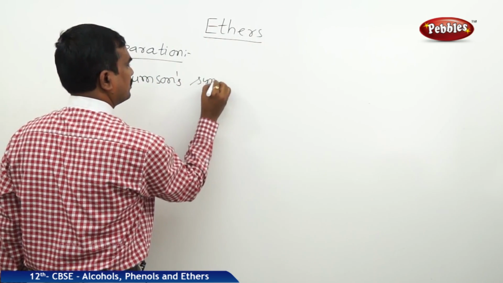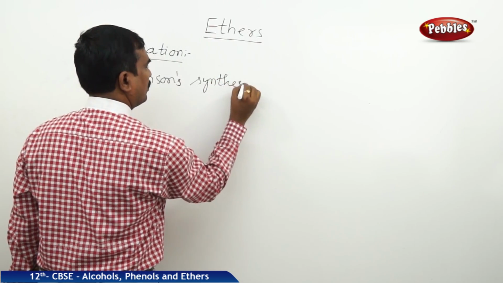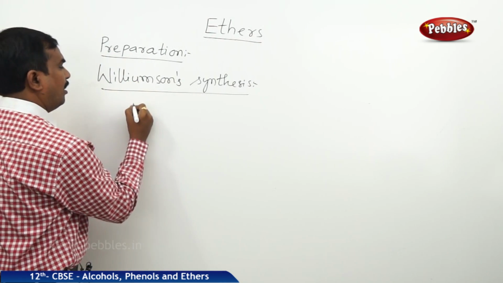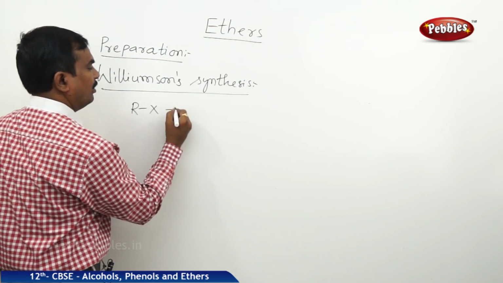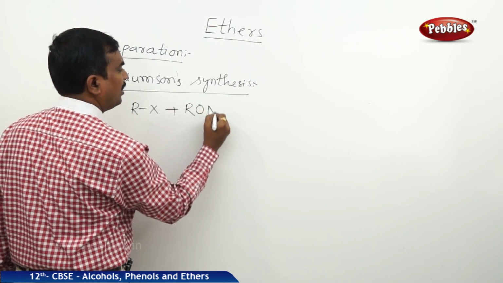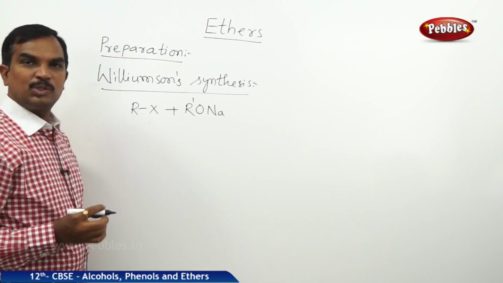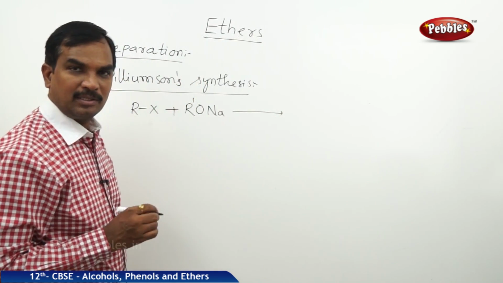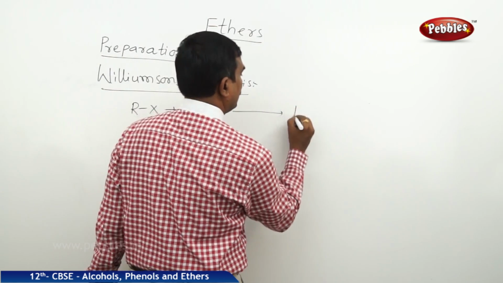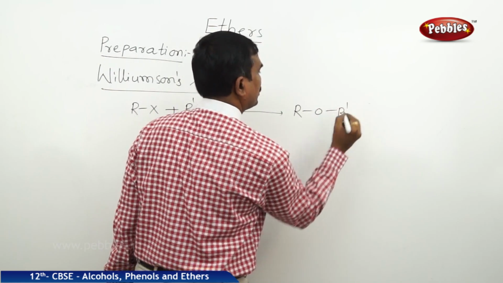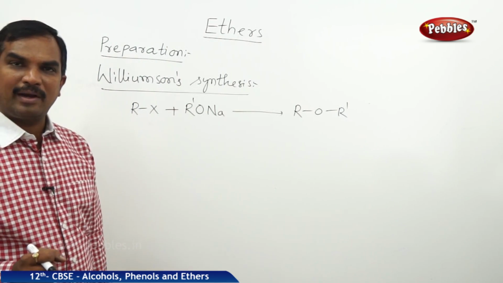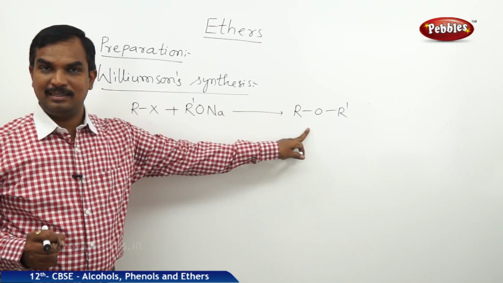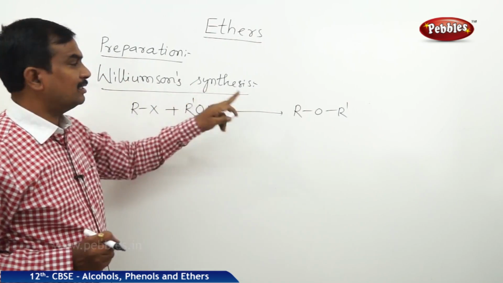In this synthesis, generally the alkyl halides will react with sodium alkoxide in the presence of dry ether as the solvent. Here we will get ROR', the corresponding ether. This reaction is called Williamson synthesis.